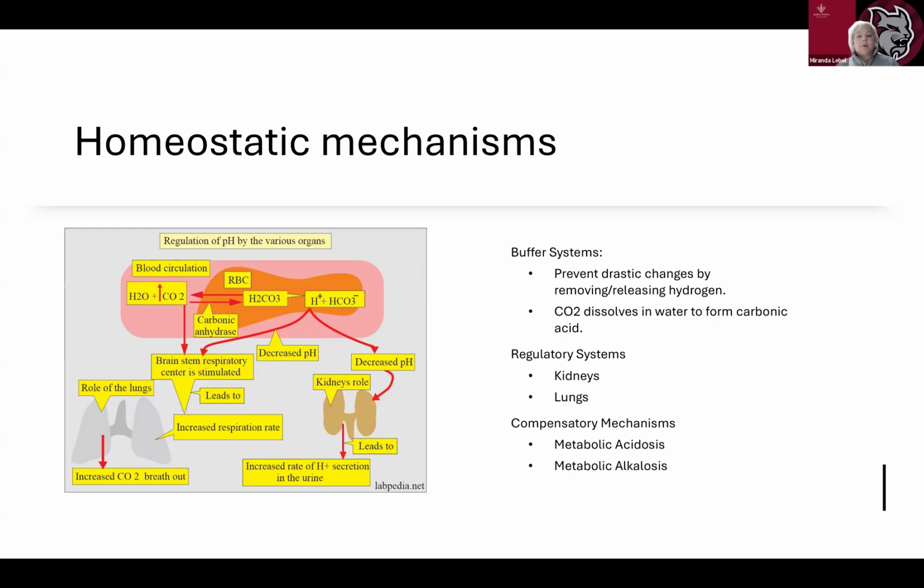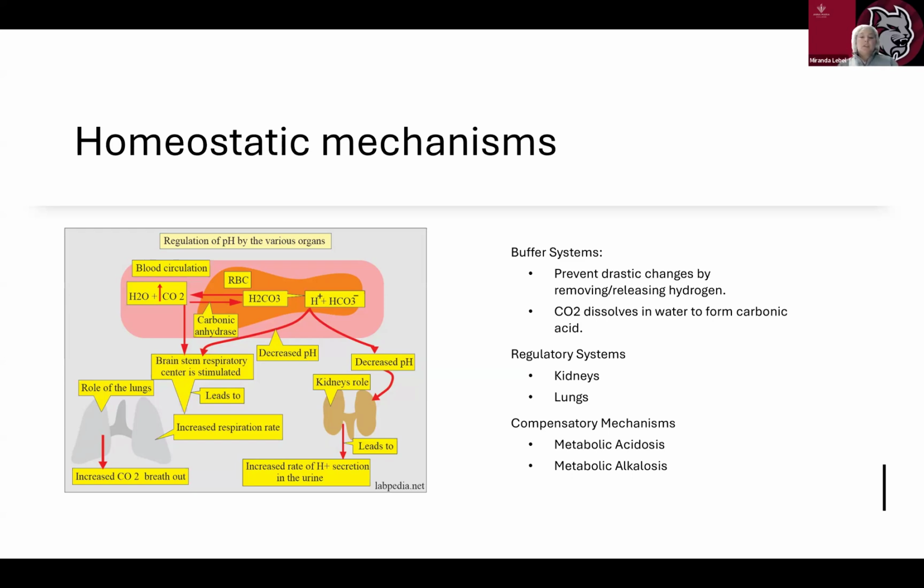With respiratory and metabolic alkalosis, we want to retain hydrogen and excrete the bicarb because you have to understand that we need enough acid and enough bicarb to balance out the pH. So if we have too much bicarb, we need more acid. If we have too much acid, we need more bicarb. Slow compensation is hours to days.